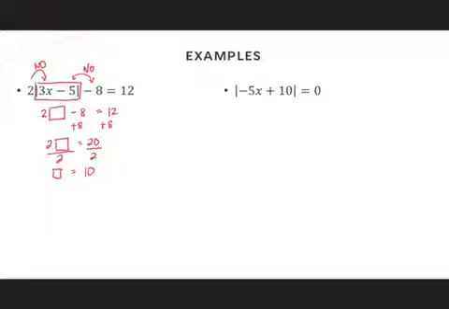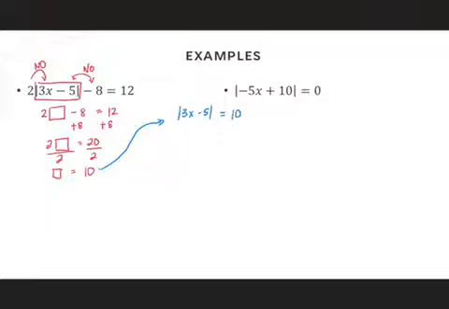All right, so now that the absolute value is by itself, I'm going to rewrite this. So it says the absolute value of 3x minus 5 equals 10. If you want to do it with the absolute value there, great. If you want to change it to a box and get it by itself and then change it back, great. I'm not going to fault you either way. Whatever makes sense in your process.